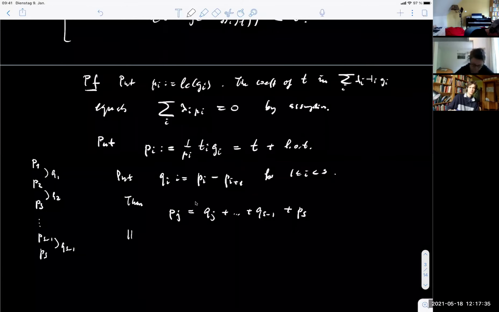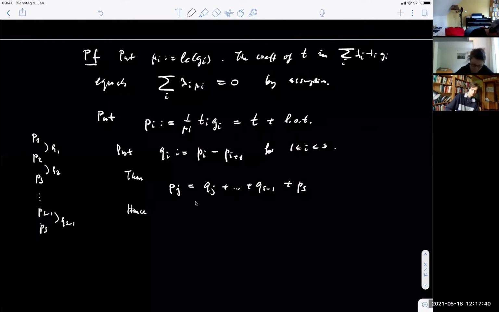Now what can we say? We are interested in this linear combination. I can rewrite it as the sum of lambda J mu J P J. That's what we want.